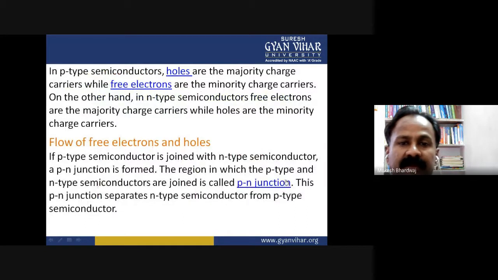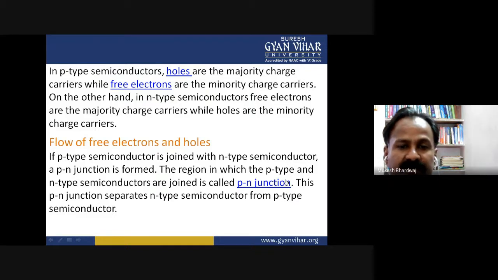In p-type semiconductors, holes are the majority carriers while electrons are the minority carriers. On the other hand, in n-type semiconductors, free electrons are the majority charge carriers, while holes are the minority charge carriers.